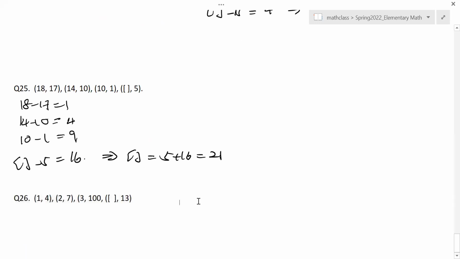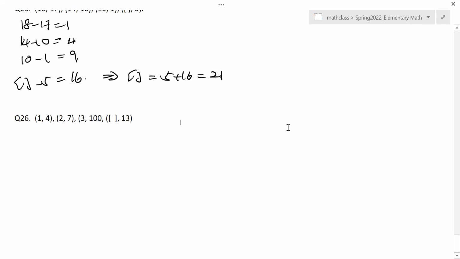Okay, so let's take a look at this problem. 1, 4, 2, 7, 3, 10, some number, 13. Can you do that?